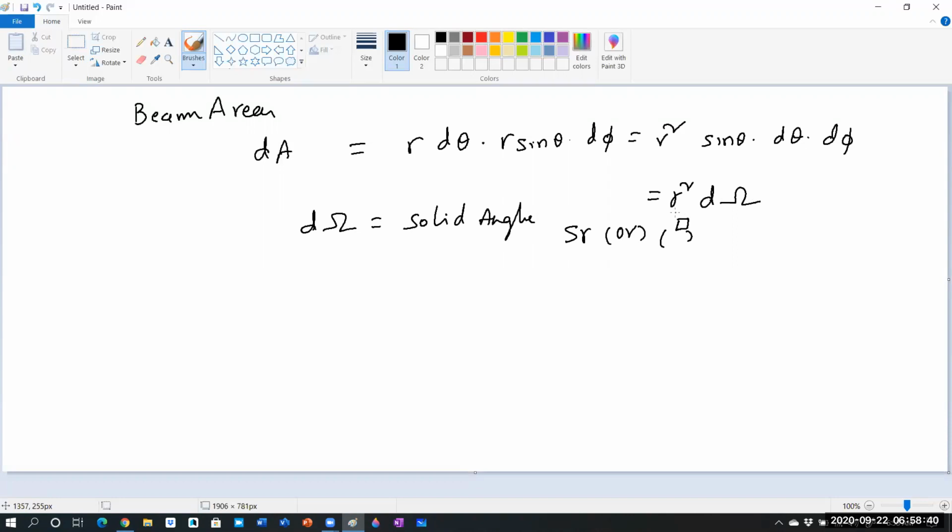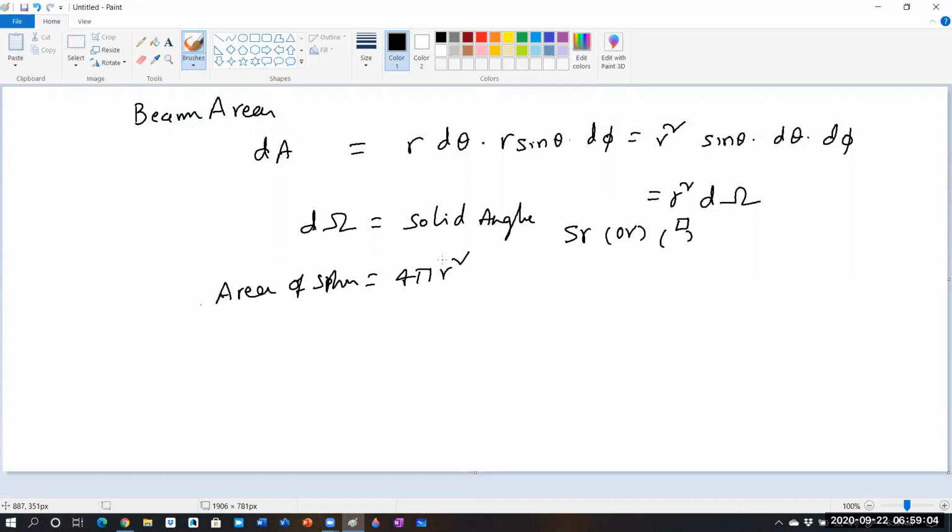We will look into this in a few minutes. Actually, the area of the sphere is 4 pi r square. All this formula: area of the sphere is 4 pi r square.